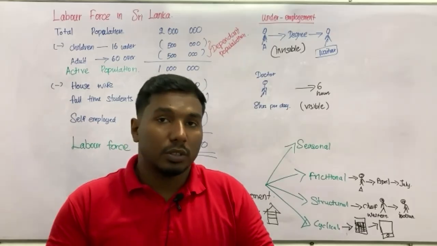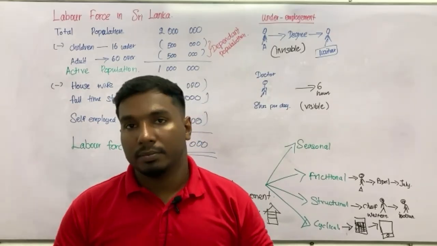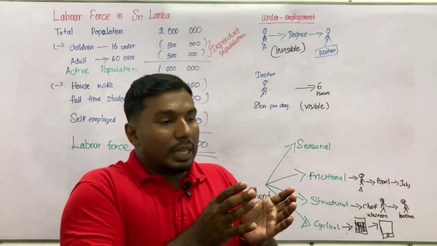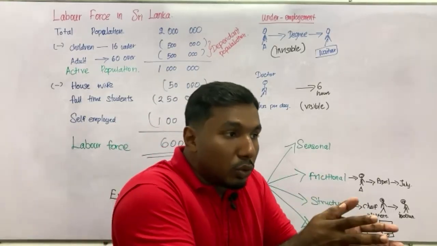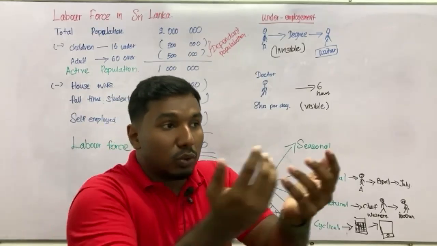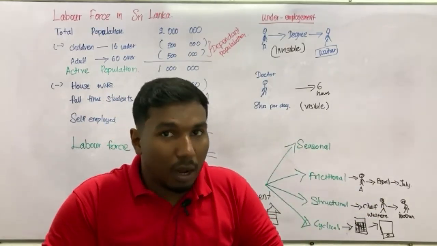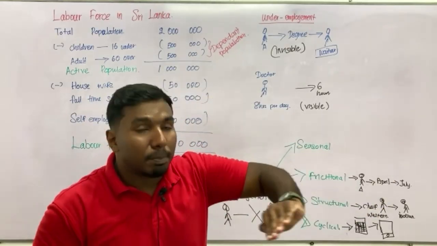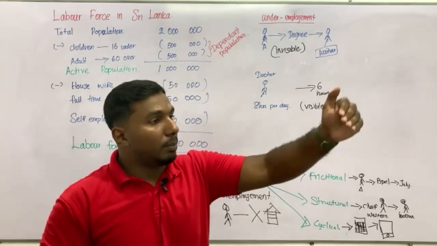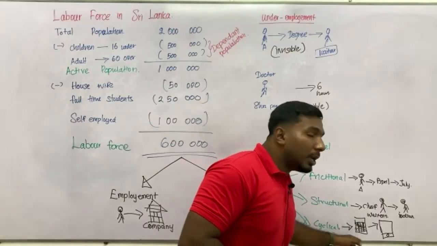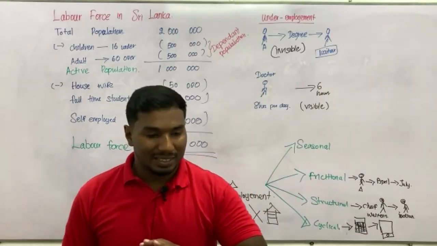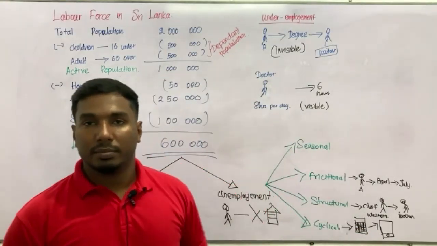In the future, anything can happen. So that is cyclical unemployment. Due to the change in demand, due to less demand, the supply is going to reduce, and there will be some unemployment. So that is known as cyclical unemployment.